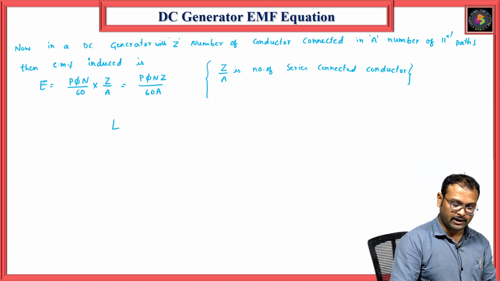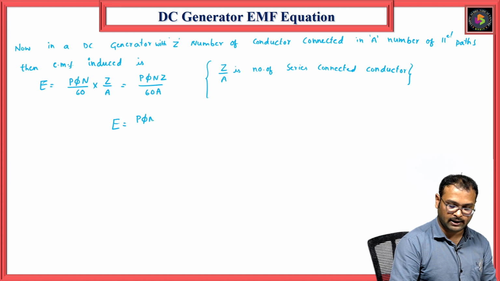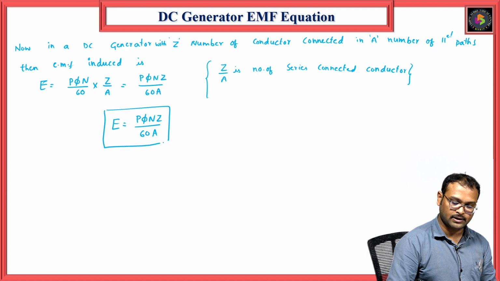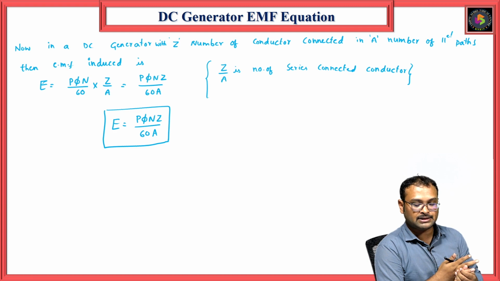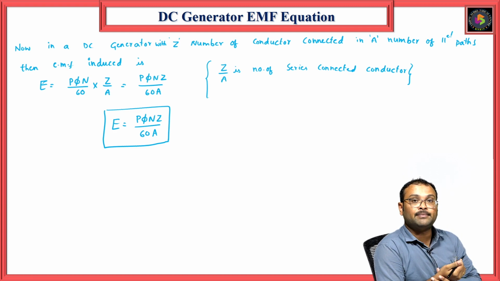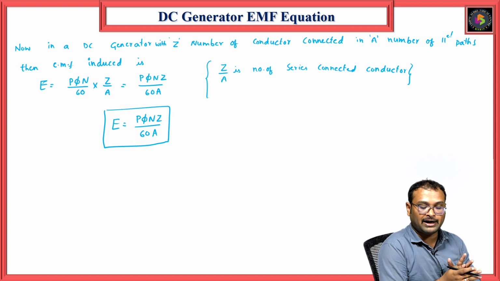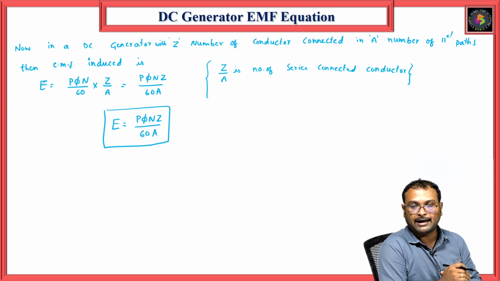So finally we derived the EMF equation of DC generator, that is P phi n Z by 60 A, where P is the number of poles, phi is the flux per pole in Webers, n is the speed in RPM, Z is the number of conductors and A is the number of parallel paths.